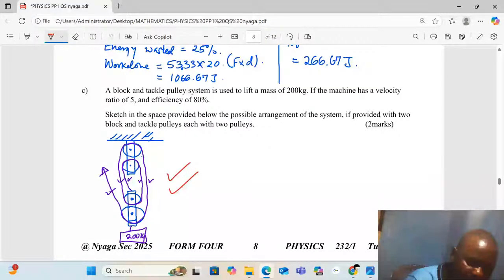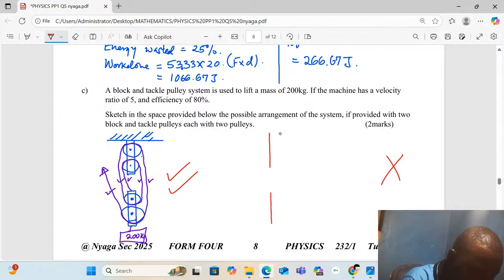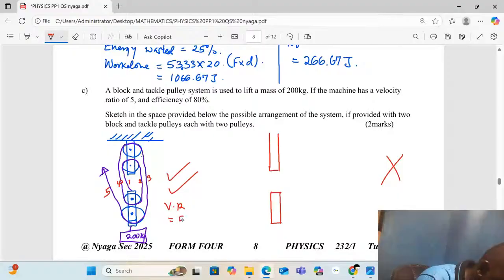But now we need to look at the other one which is wrong. So we can say this is 1, 2, 3, 4, 5. So velocity ratio is equal to 5.